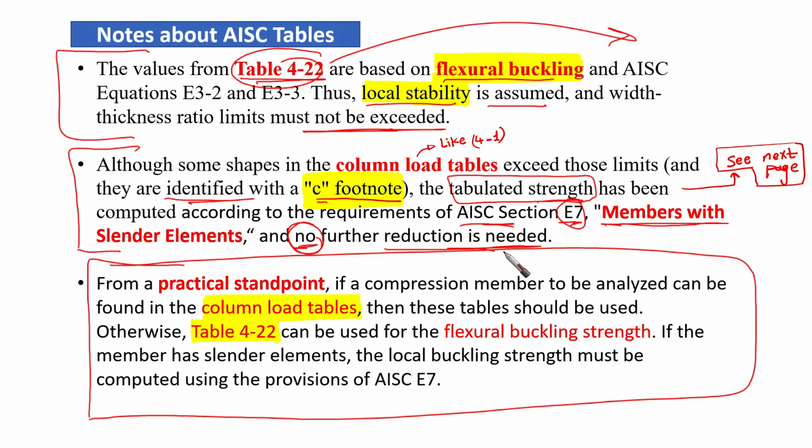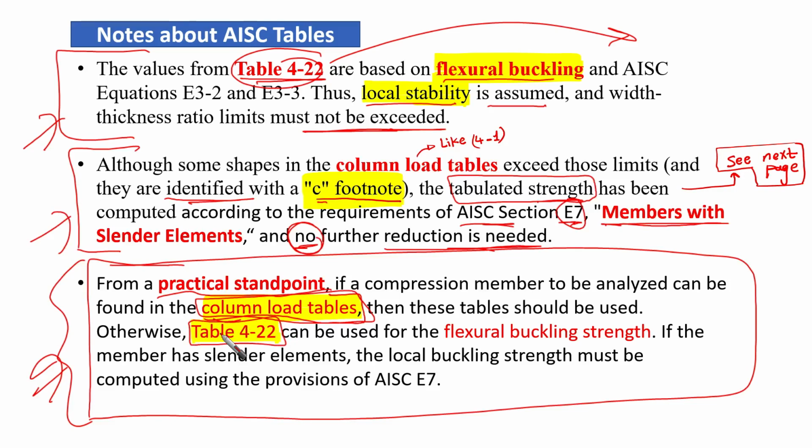This is what I want you to remember well, the difference between 4-22 and 4-1, and the practical standpoint. We always start with the column load tables. After that we go to the other table if we couldn't use the first table. Otherwise we use table 4-22 for flexural buckling strengths only, without consideration for local stability.